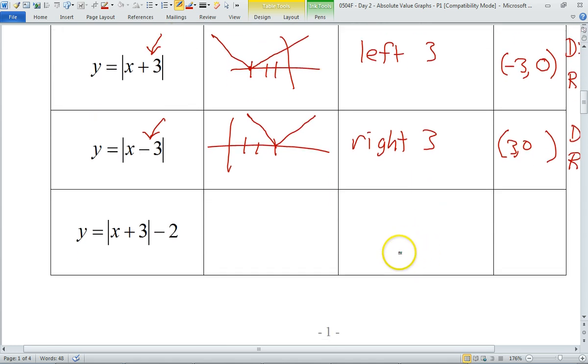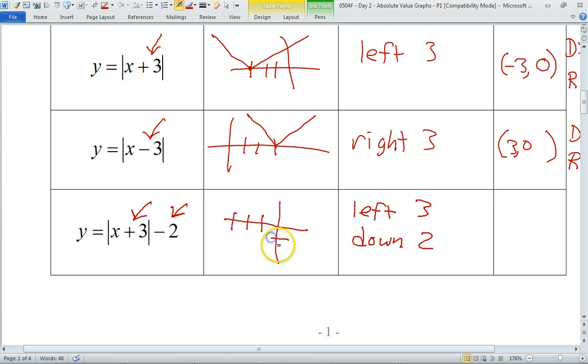Okay, Andrea, can you see that this has two transformations happening? Can you tell me them both? Left 3, down 2. Correct. That positive 3 on the inside sends us left 3, but then the negative 2 on the outside takes us down 2. So make your sketch based on that. Left 3, down 2. That means the vertex is about here, and it's going to do what it does.